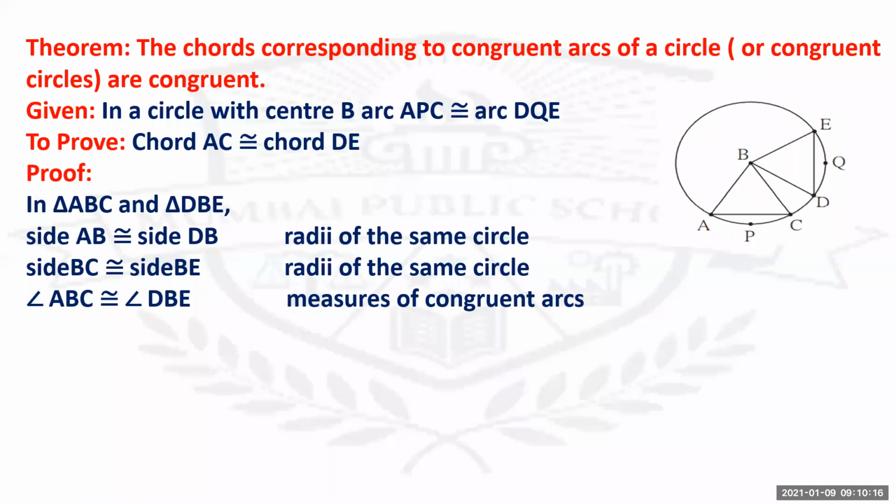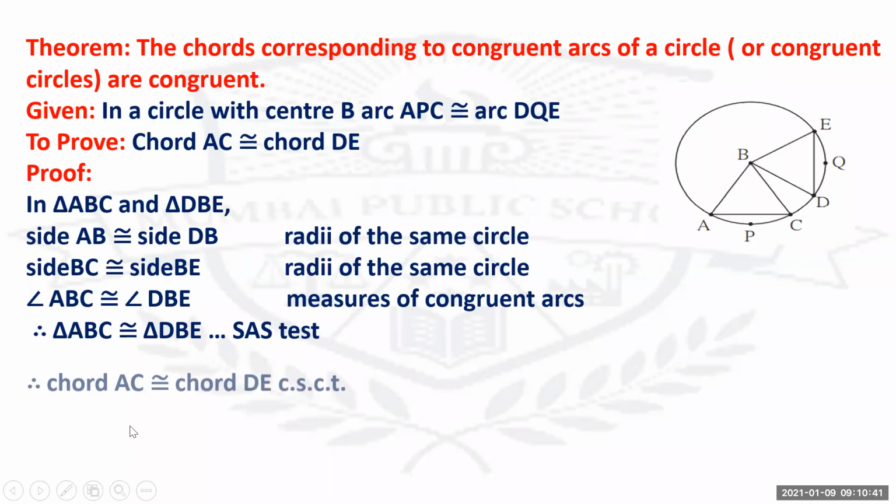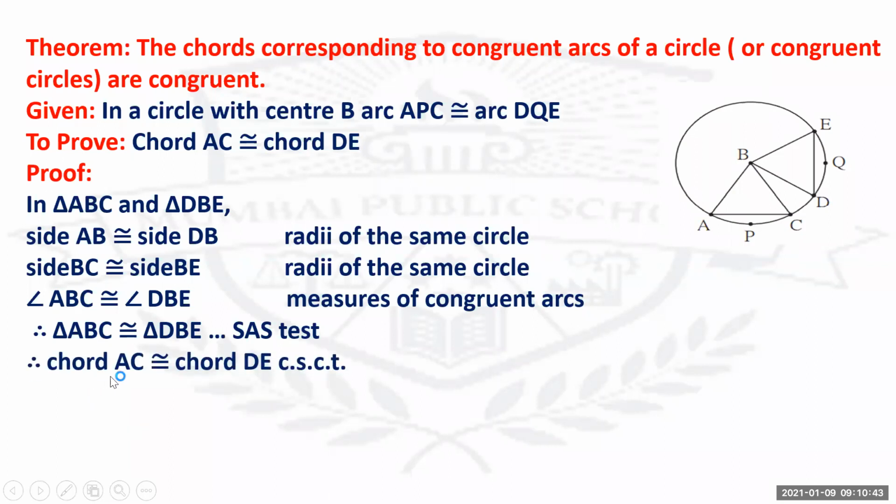Angle ABC is congruent to angle DBE, the measures of the congruent arcs. Therefore, triangle ABC is congruent to triangle DBE by the side angle side test. As the two triangles are congruent, the corresponding sides are also congruent. So chord AC is congruent to chord DE, corresponding sides of congruent triangles.